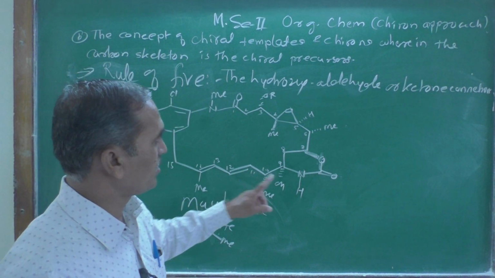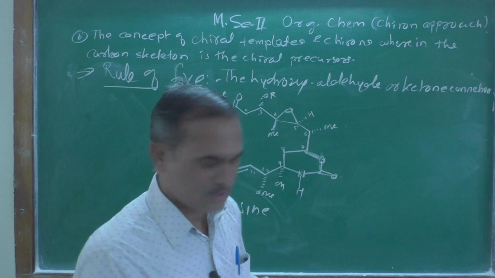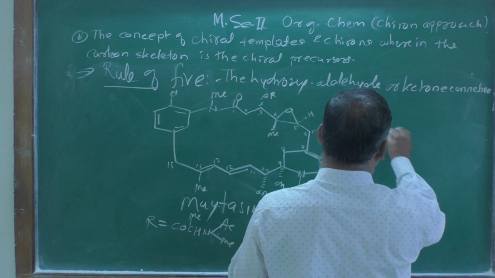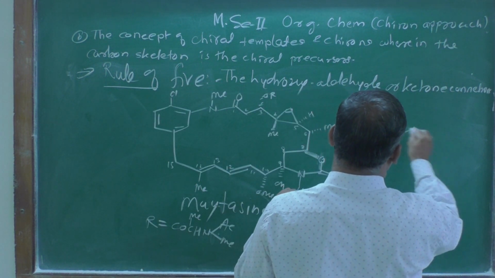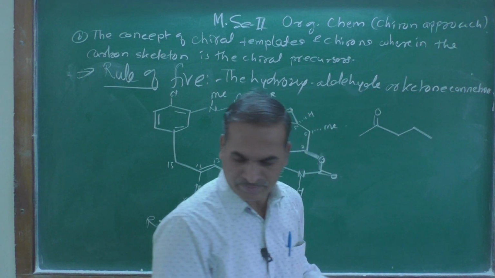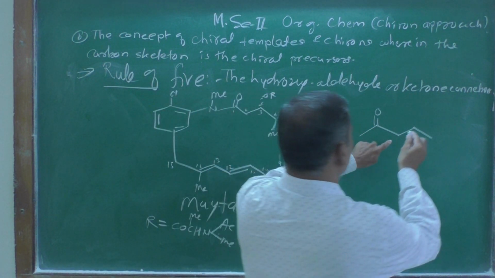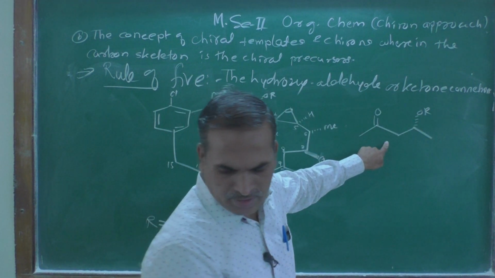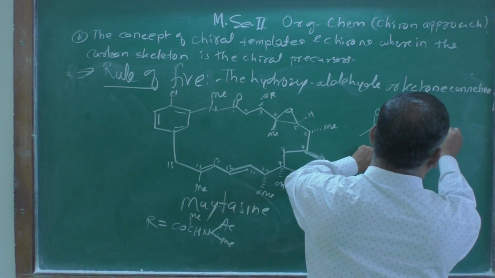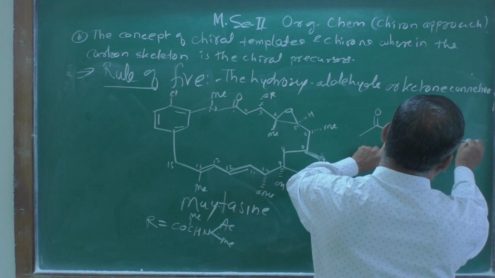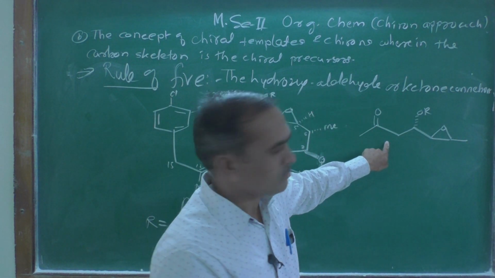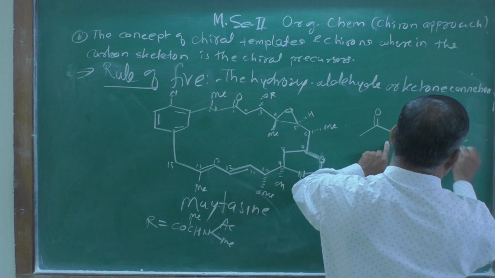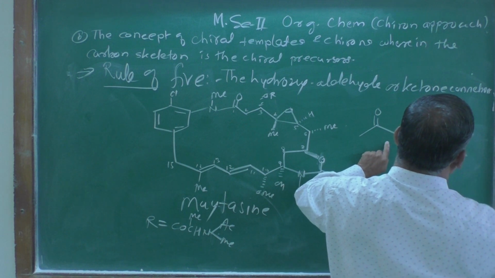So let us see one of the segments. Suppose this one, C double bond O, then here is an OR, then there is an epoxide, and then this one. You can look from this side.